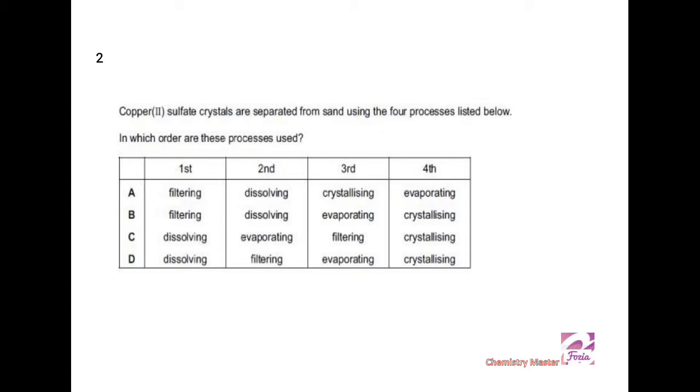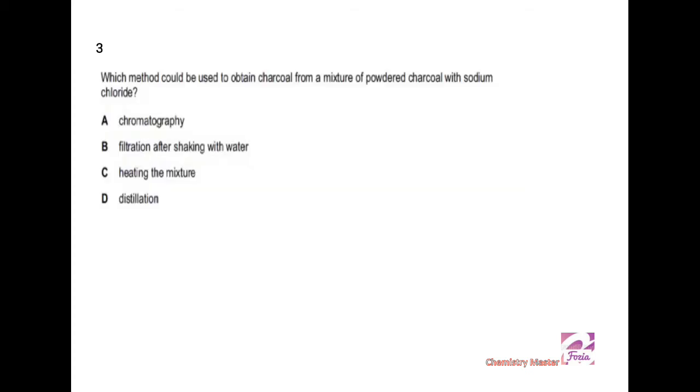Then how to separate the dissolved salt from its solution? It must be evaporating. And the last is how to get the dissolved salt. The most suitable method is crystallization. So you make a plan and select the right option.